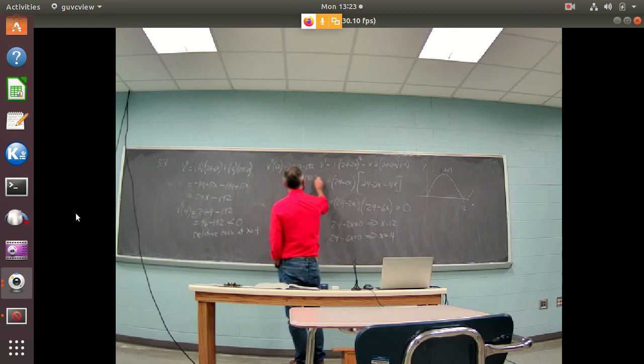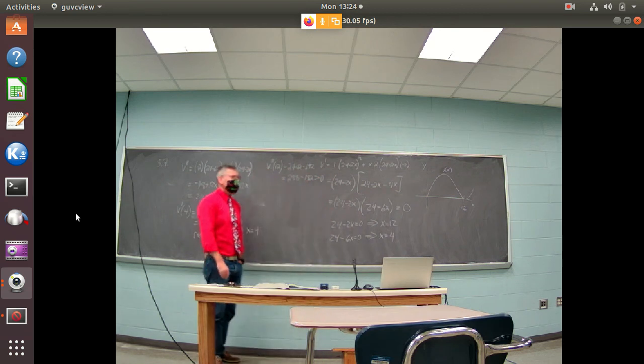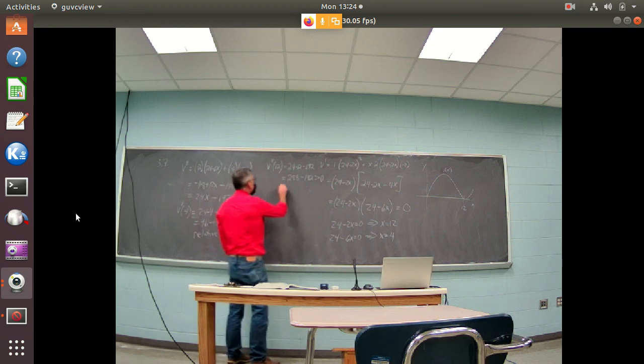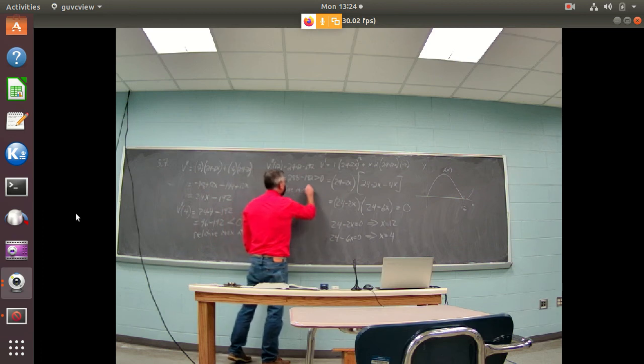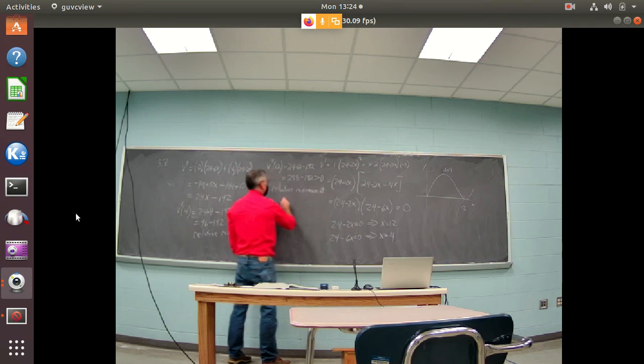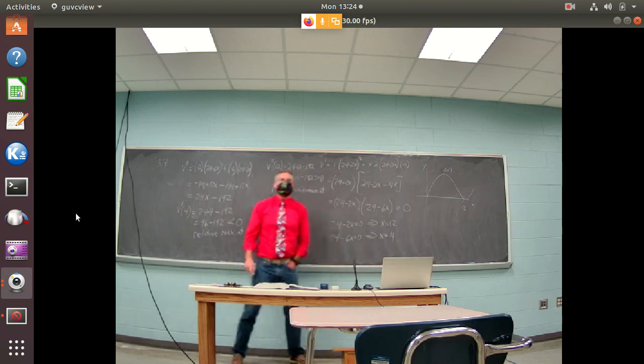And again, I really don't care what it is, I just know it's positive, and so this is a relative min at x equals 12. And so it's definitely starting to look like that picture to me.